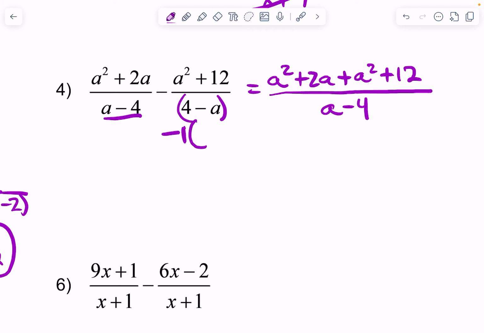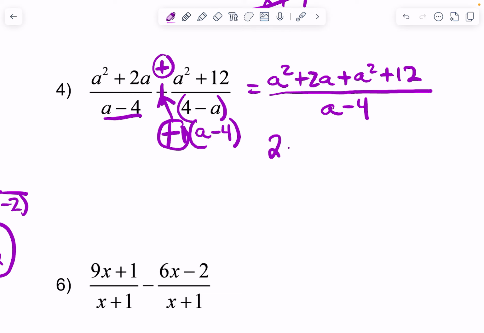And in factoring out a -1, I'm now left with a minus 4 because I divided a -1 out. And this -1 I multiplied to this negative sign here. And now a negative times a negative becomes a positive. All right, so that's the way you do that like a boss.